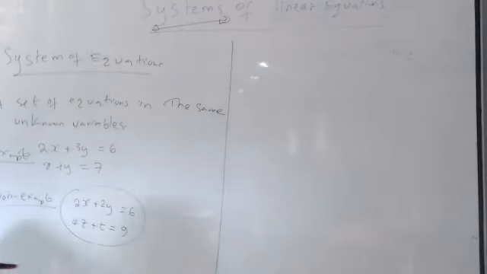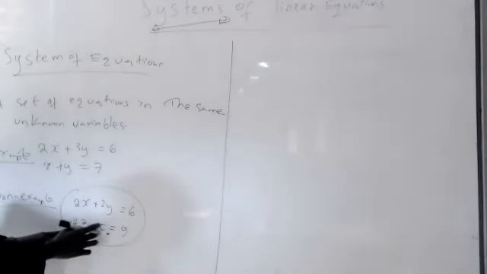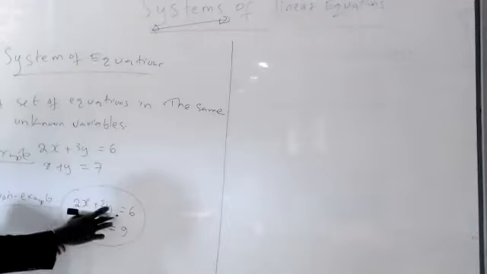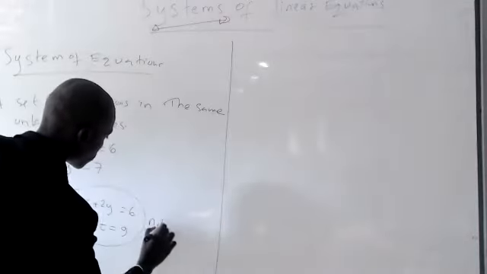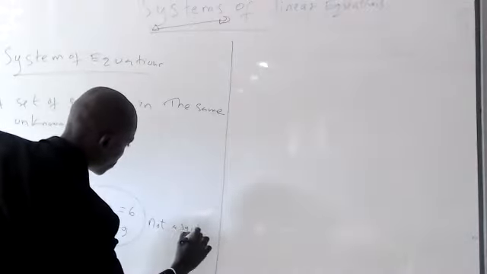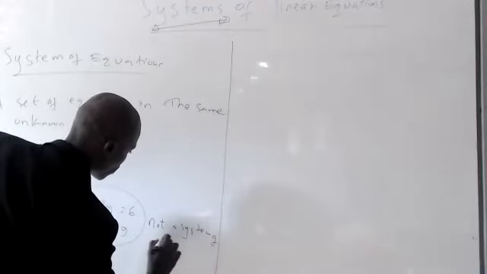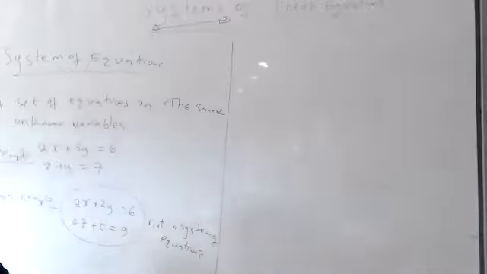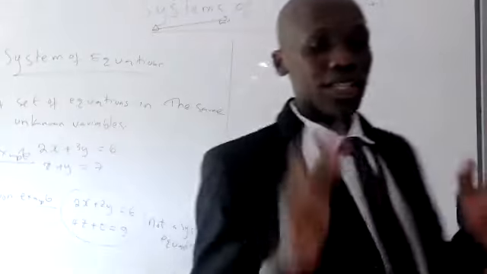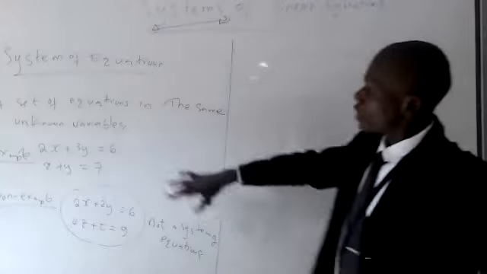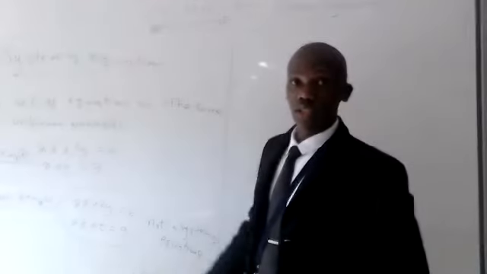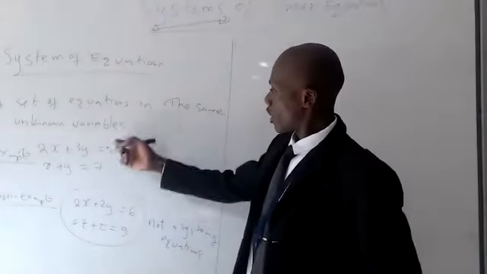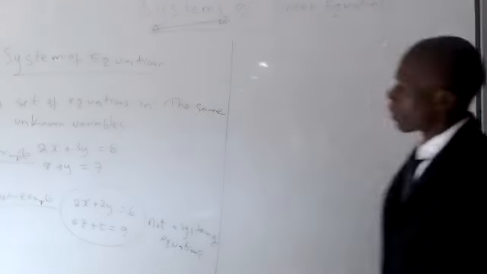The second equation has unknown variables z and t. Z and t are different from x and y. So this is not a system of equations. So for a set of equations to qualify to be referred to as a system, you must have the same unknown variables in all the equations, like in this example here.